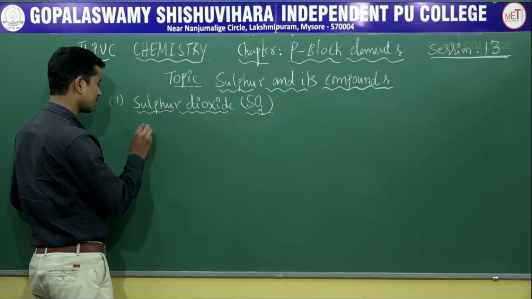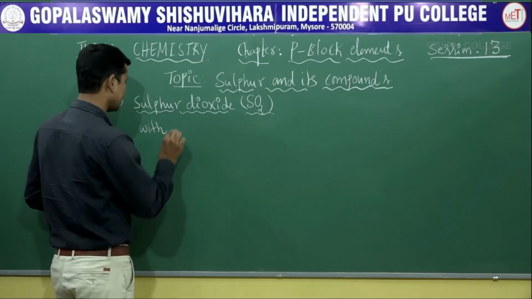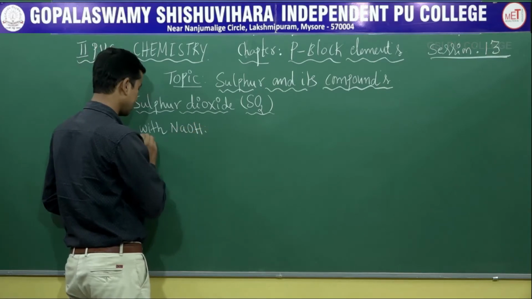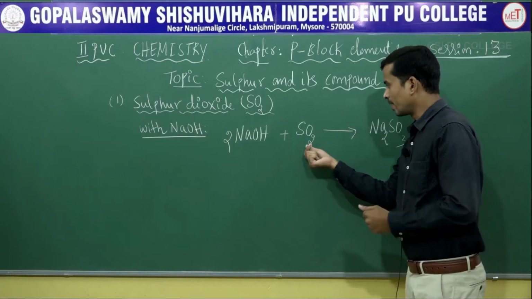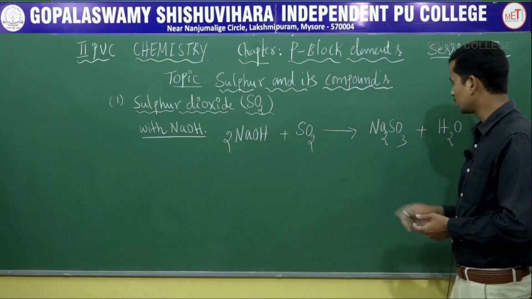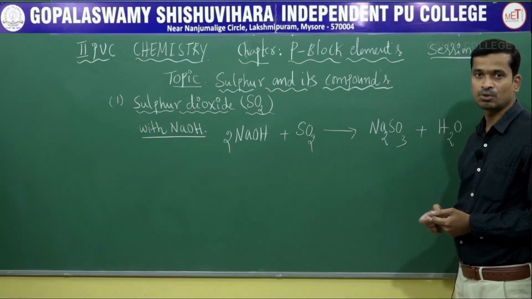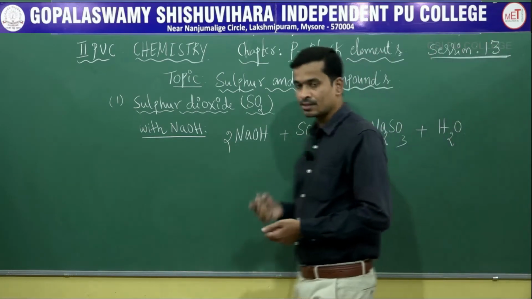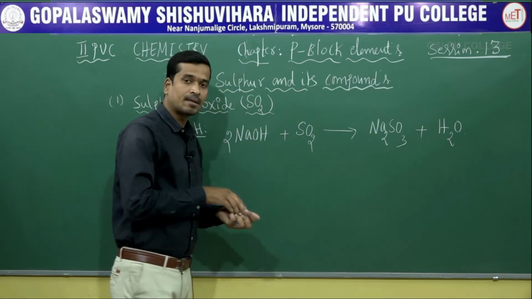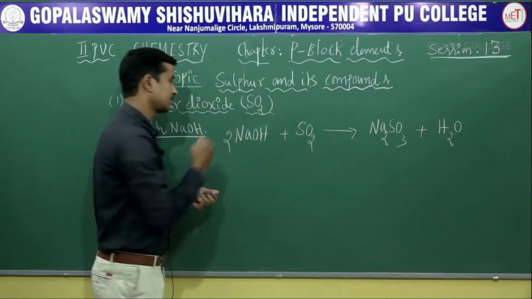The first chemical reaction of sulfur dioxide is reaction with NaOH, sodium hydroxide. Suppose sulfur dioxide gas is passed through sodium hydroxide solution, it forms sodium sulfite and water. Clear? This resembles the carbon dioxide reaction with an alkali.